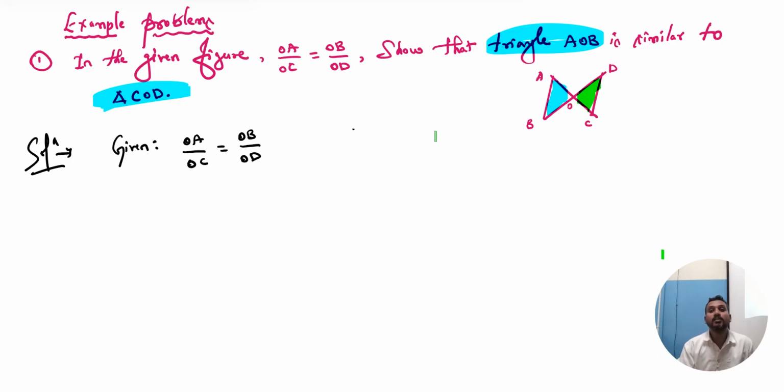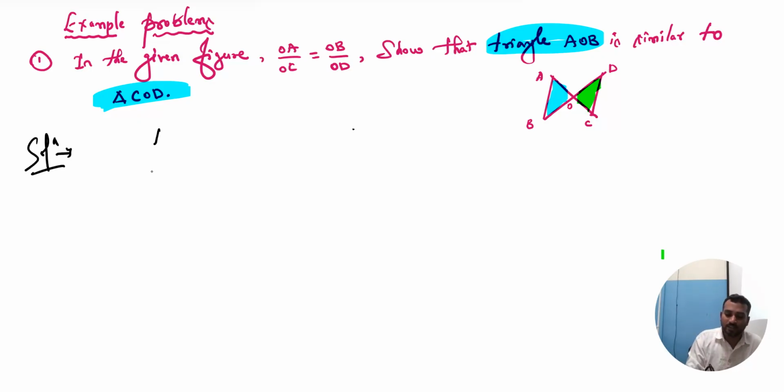We have two triangles, yes or no? So what is given in these two triangles? The given part is OA by OC is equal to OB by OD.